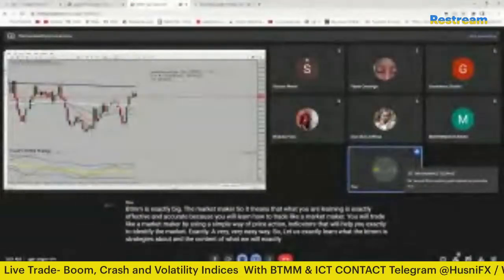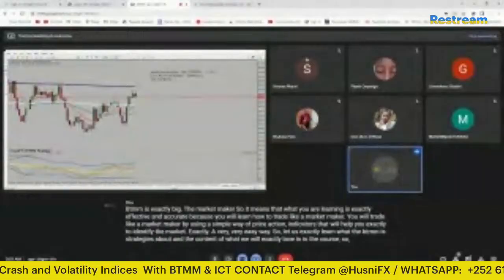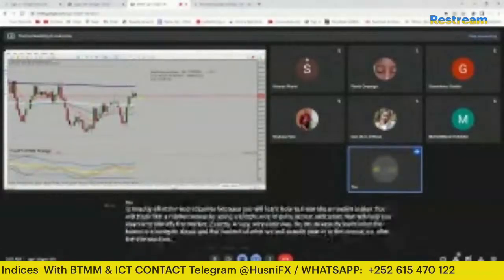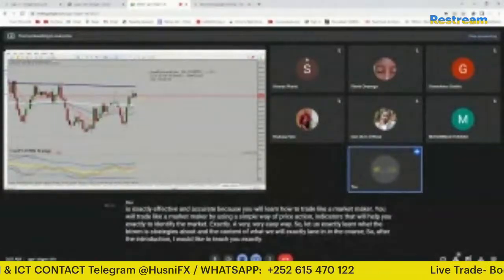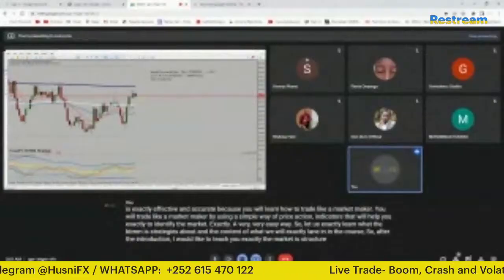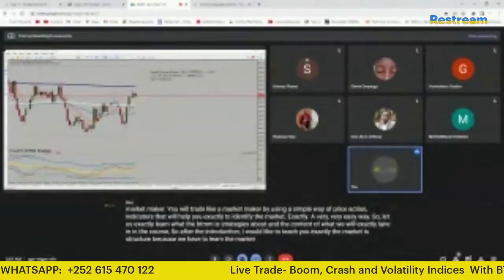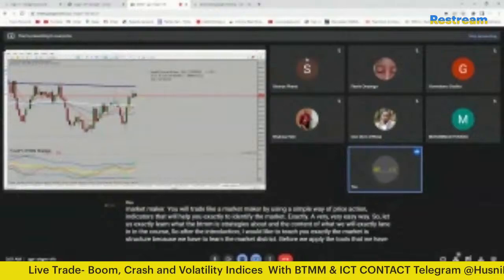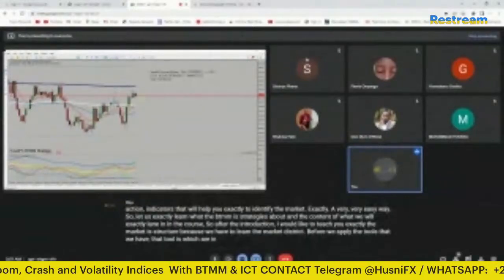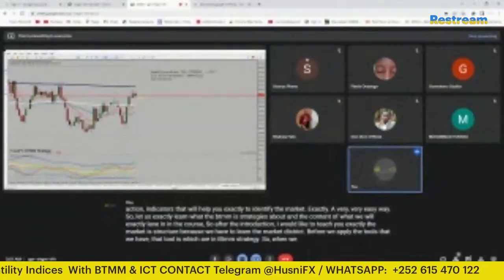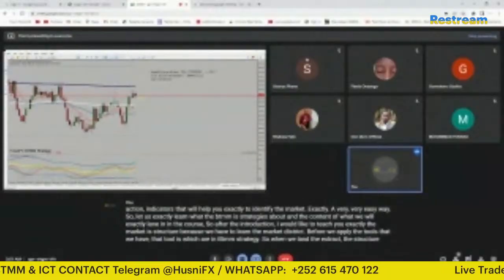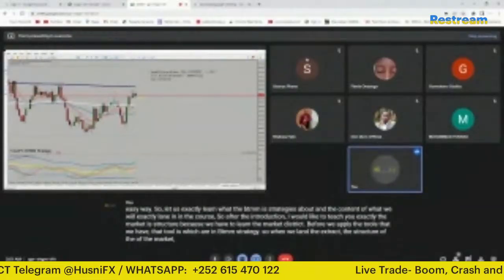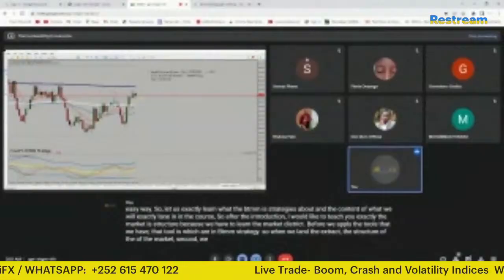Let us see what the BTMM strategy is about and the content of what we will learn in the course. After the introduction, I would like to teach you the market structure, because we have to learn the market structure before we apply the tools in the BTMM strategy. Second, we will learn how the big units interact with the price action.